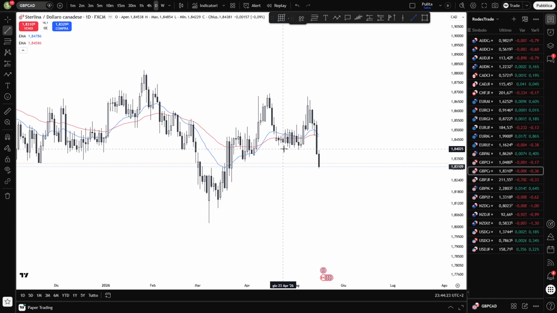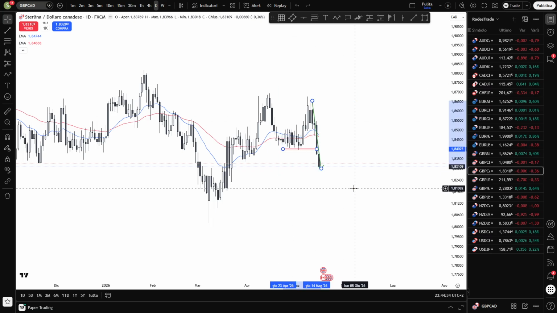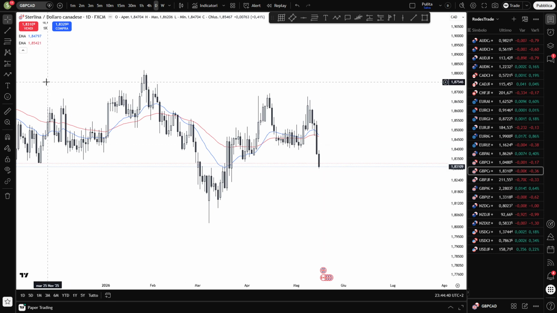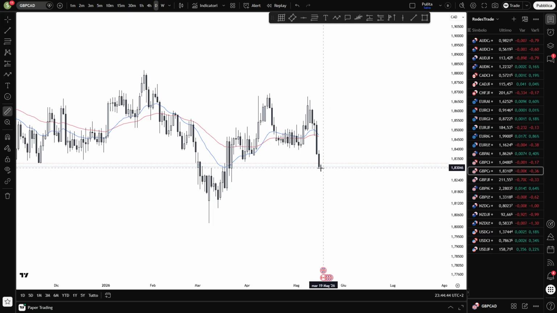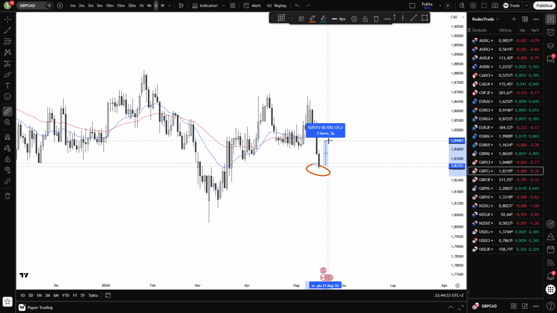Okay, price broke below, price expanded on the downside, and it's 150 pips from the moving average, which is what we want. So we will see on Monday how the market will open. But if price is still around this area here, I will look to take a buy.